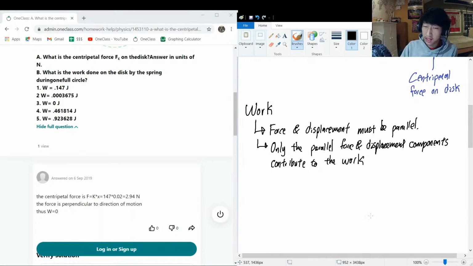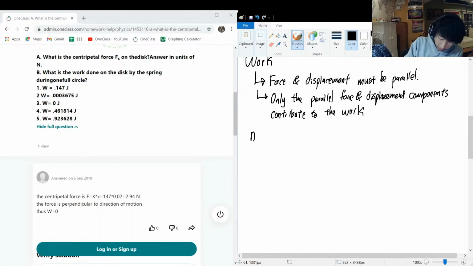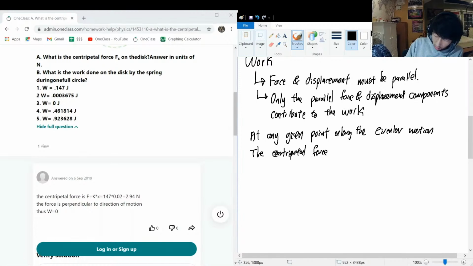At any given point along the circular motion, the centripetal force is perpendicular to velocity and its displacement, I guess.